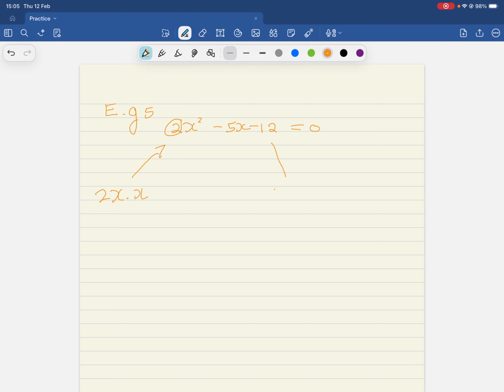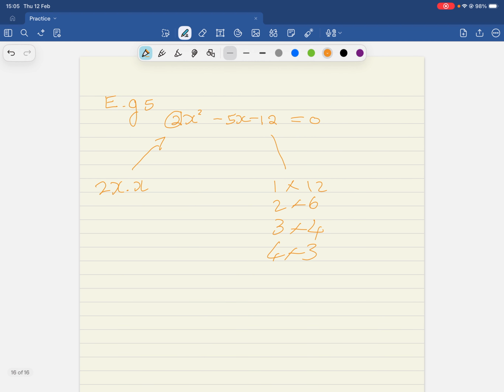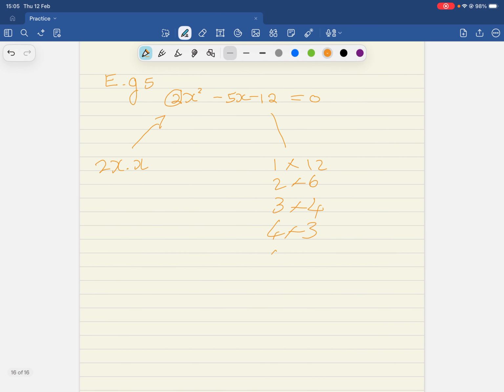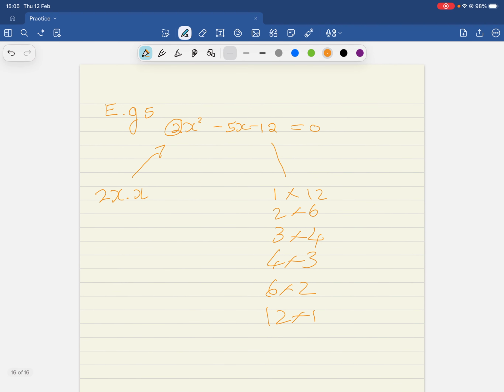We're going to write the factors of 12: 1 times 12, 2 times 6, 3 times 4, 4 times 3, 6 times 2, 12 times 1. We've got to play around with this, and you see there's quite a lot of combinations, so it's easy to make a mistake.